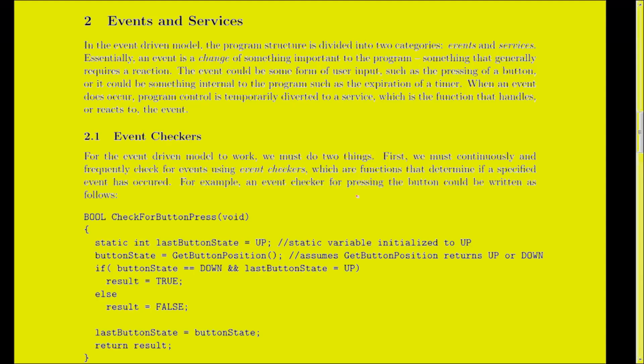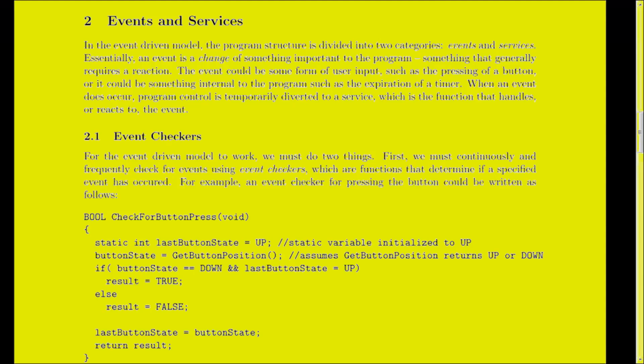An event is something that happens at a distinct point in time, and it's generally a change in state. So a button has been pressed, or a timer has expired. And when one of these events occurs, then control is passed to a service or a handler that takes care of whatever needs to be done when this particular event happens.